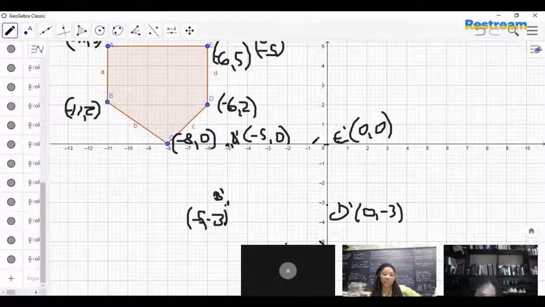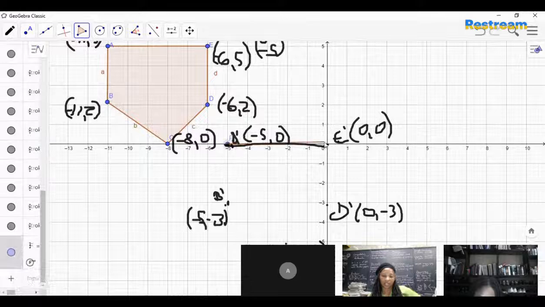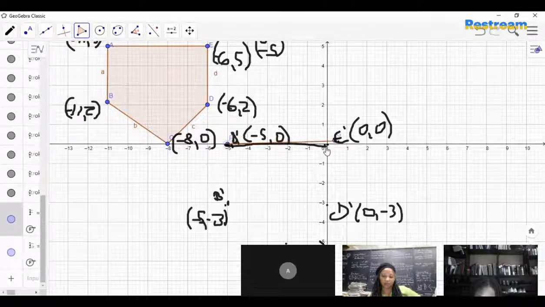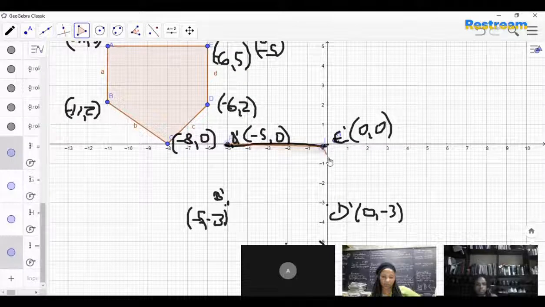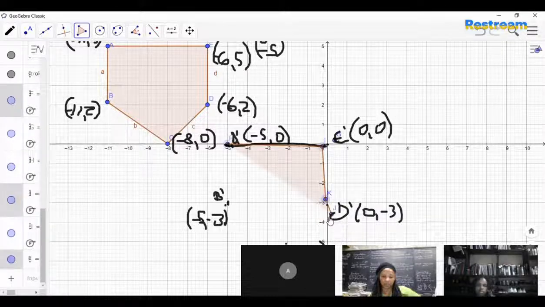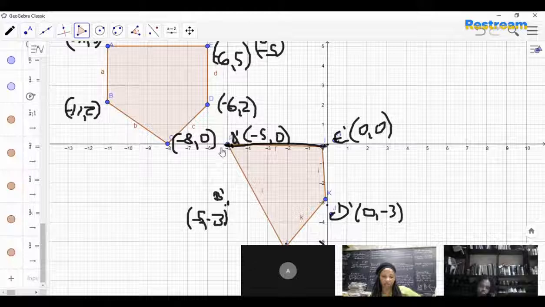So for the translation, the only thing that changes is the position. Almost.